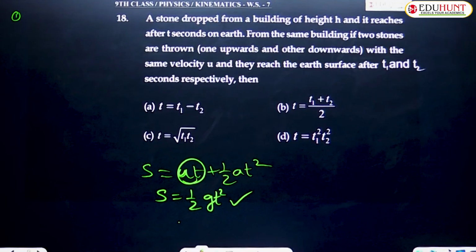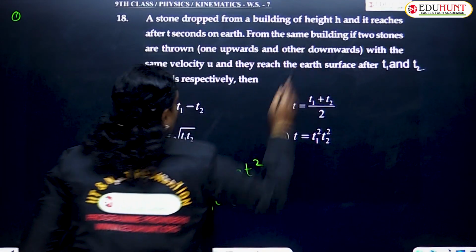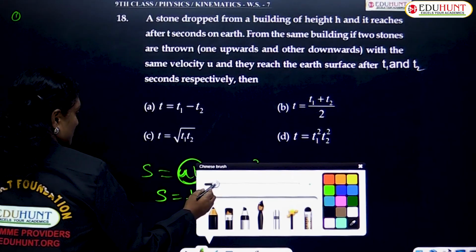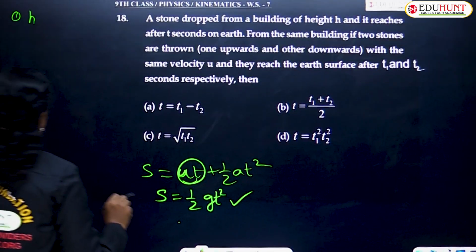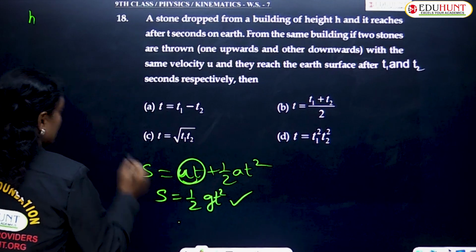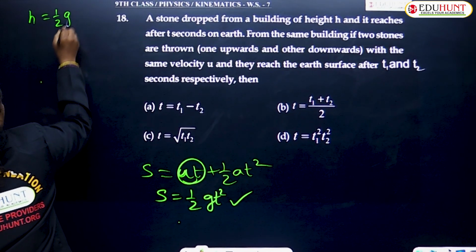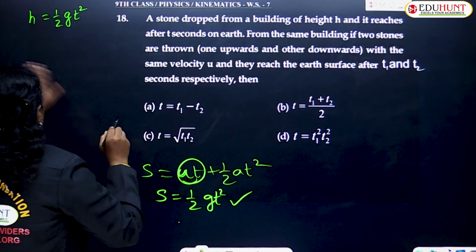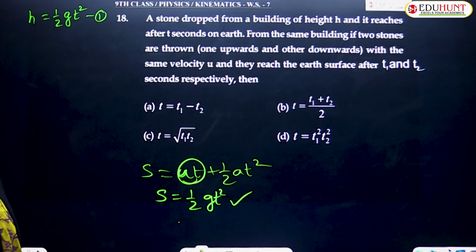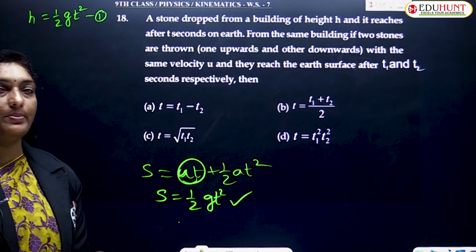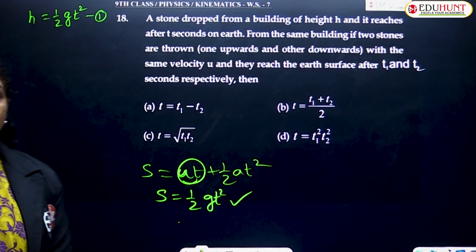The distance traveled was the height h, so s is replaced with h, giving h equals half g t square. Let this be equation 1. So what is the first case, children? When a body was simply dropped, we got the relation h equals half g t square.